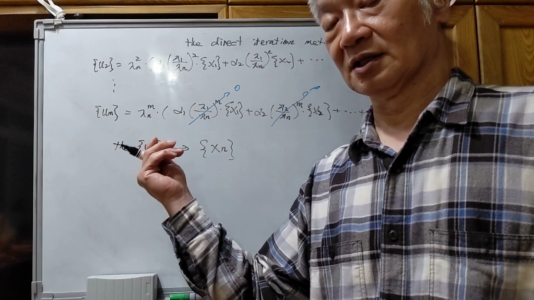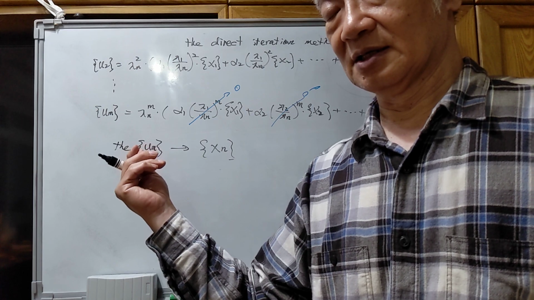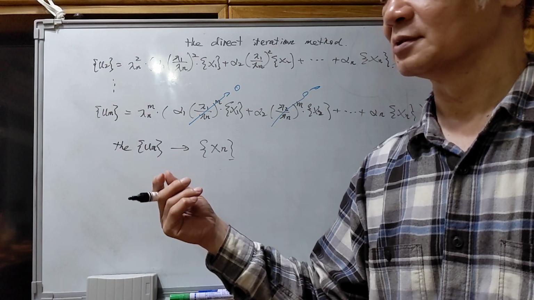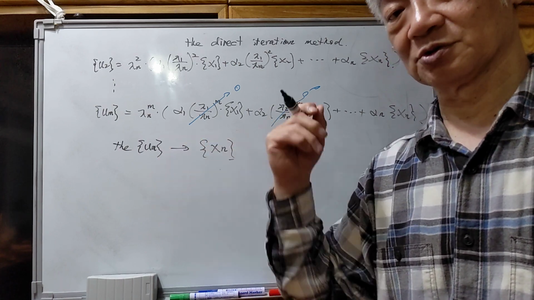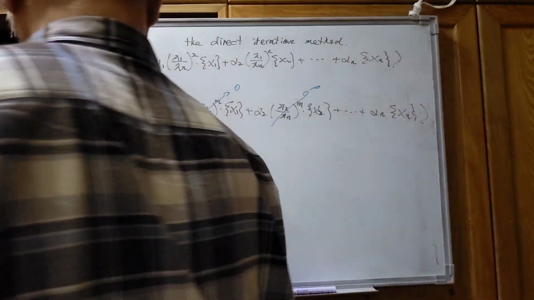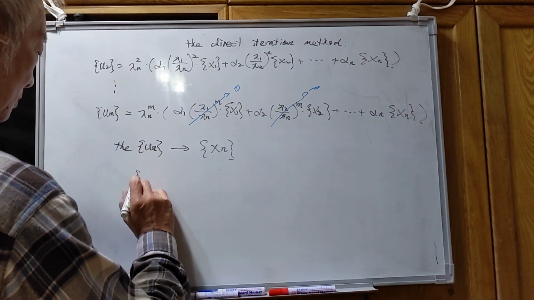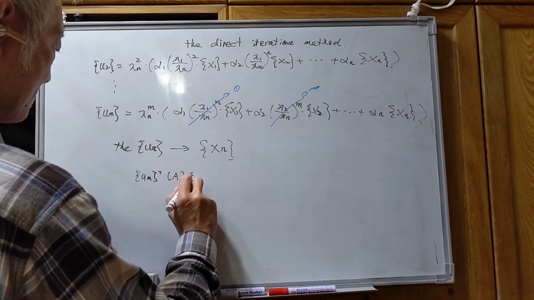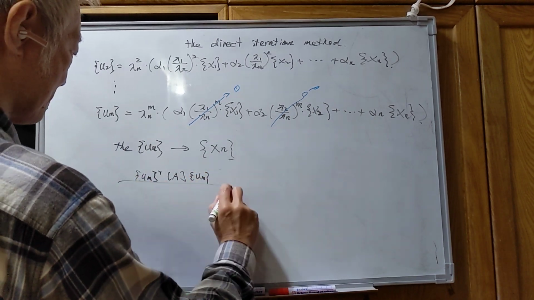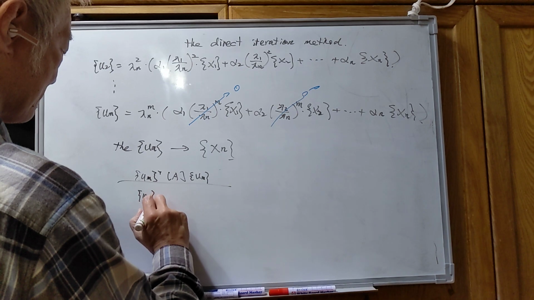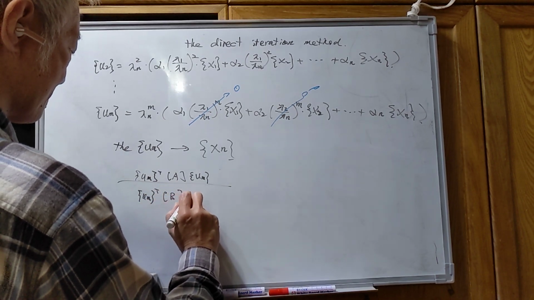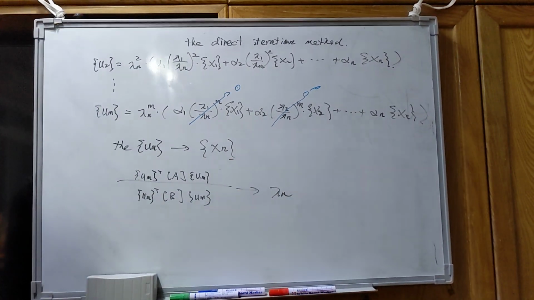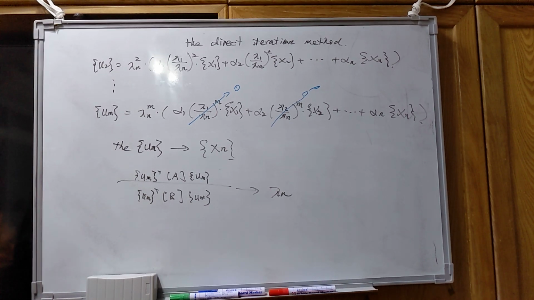So the vector, the largest, if we use the m increase, the vector will approach to the xn. And the Rayleigh quotient will approach to the lambda n.